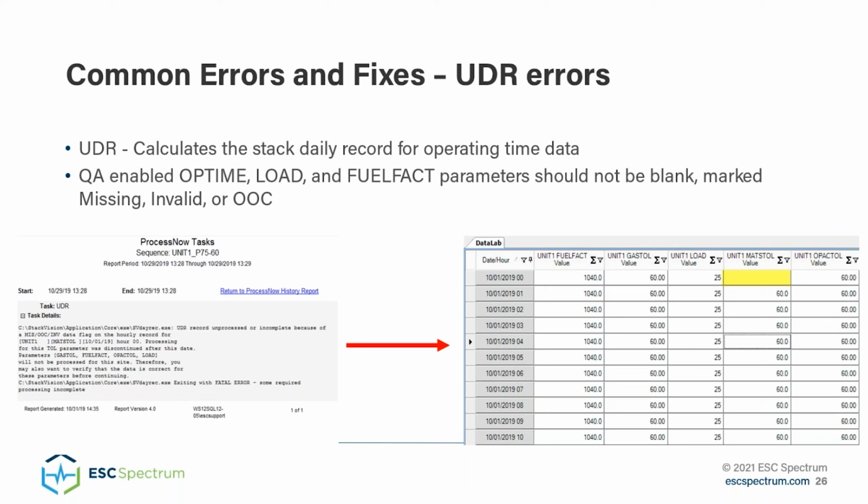Usually this is caused by a communication blip, and usually an easy fix for that is to just back pull the data from the controller tools tab in StackVision. You can just back pull your data. It says, hey, logger, I'm missing these data, can you send it to me again? And usually that will fix the error.